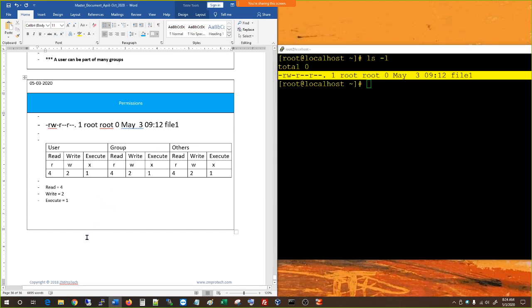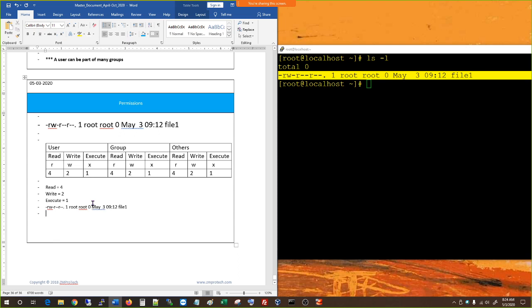Here is our file, and we're going to calculate the permission for our file right now. So the first 3 parts here are read, write, and then the third one is blank.